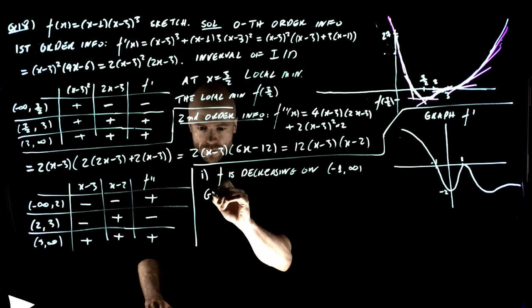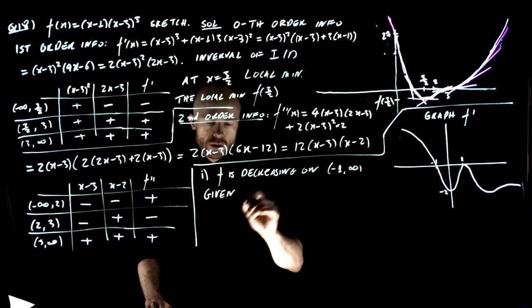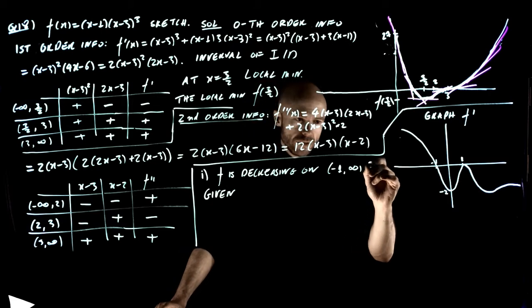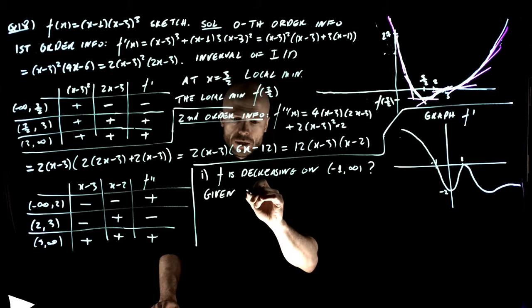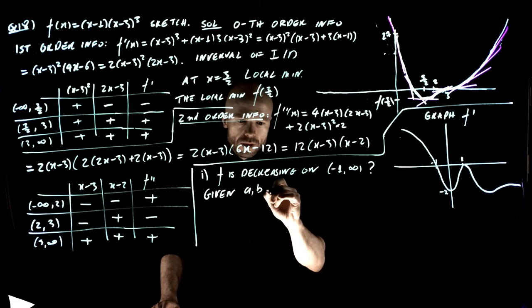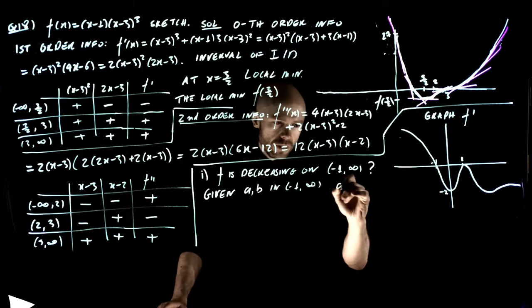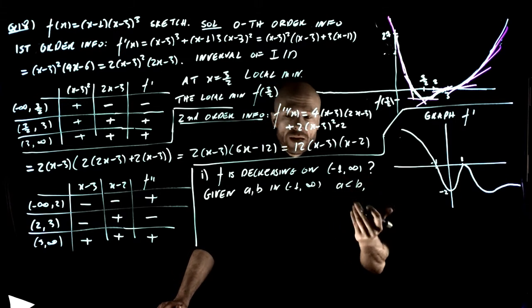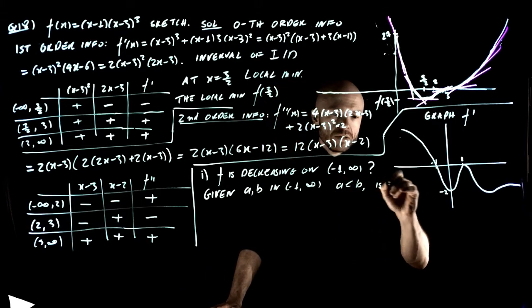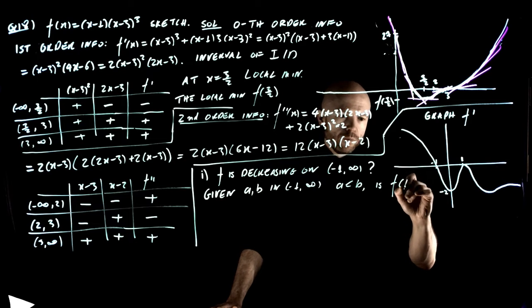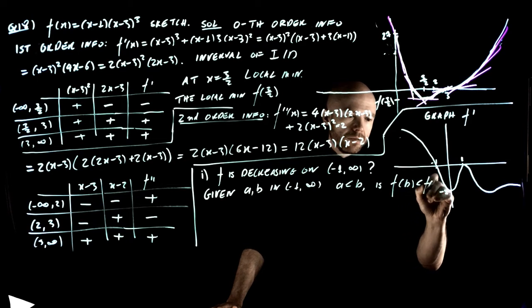So this is the question mark. Given any, say, a and b in this interval -1 to infinity with a less than b, we want to have that if it's decreasing, then f of b is going to be less than f of a.